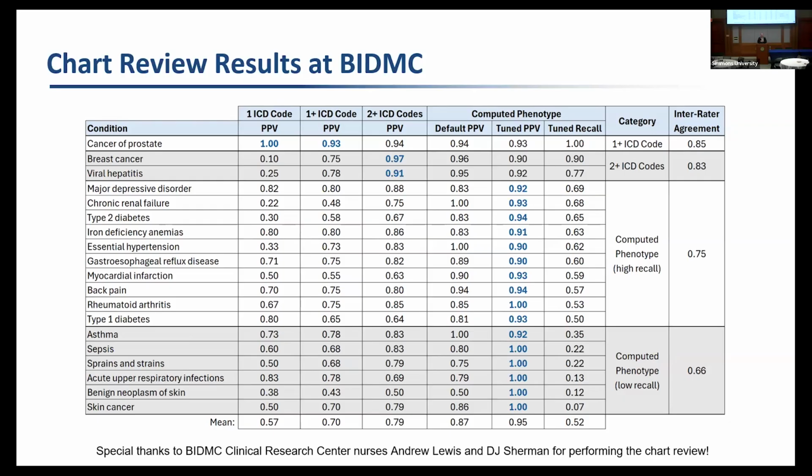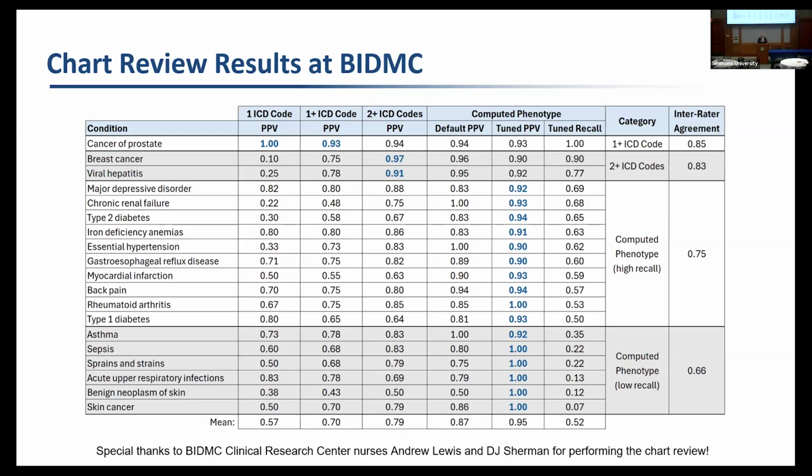For very few conditions can you use the raw diagnosis codes and have them work so well like this. For the majority of conditions, the phenotypes work much better than the raw code. And for the majority of phenotypes, they work a lot better with both good positive predictive value and recall. On the right-hand side, I had 2 nurses review all the charts to look at inter-rater agreement.